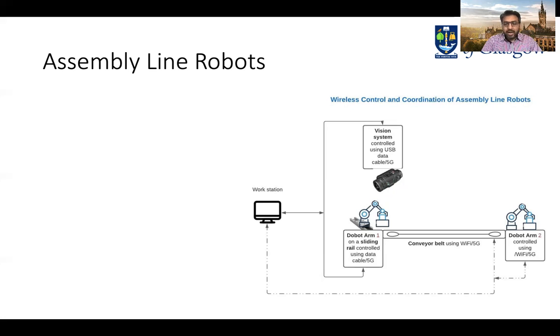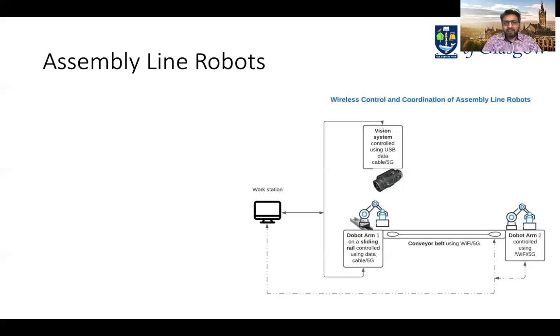They could have direct control, or they could have a vision feedback. There could be a camera looking at the robot, and this feedback is sent to the operator.